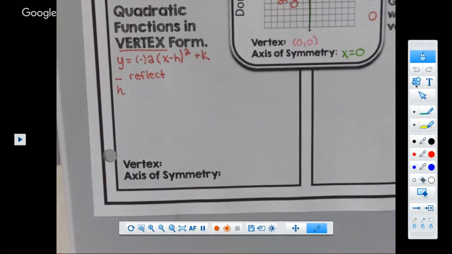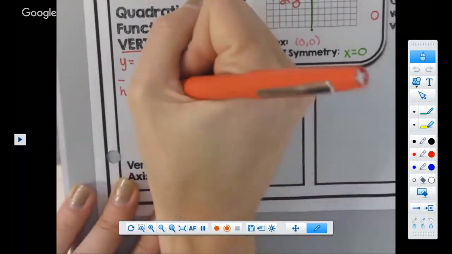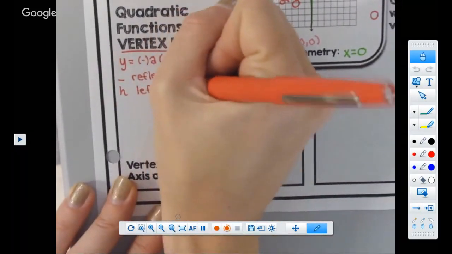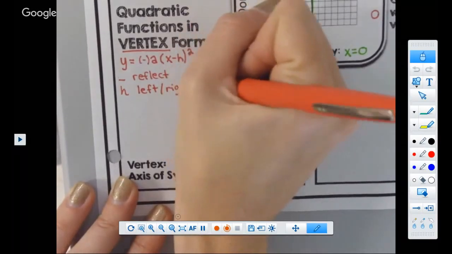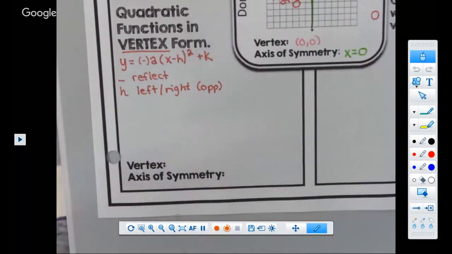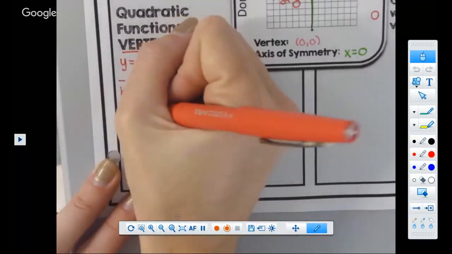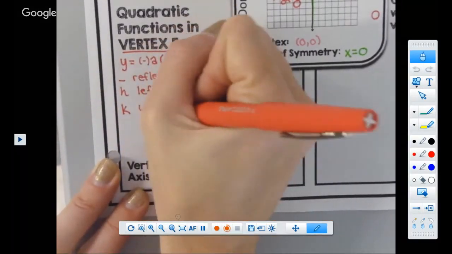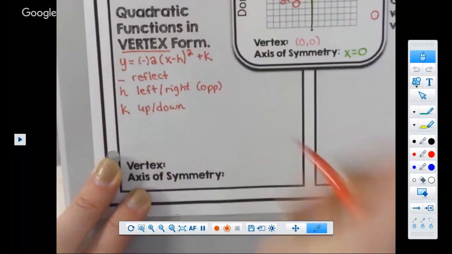Up and down or left and right? It goes opposite. Left or right, depending on what's in there. So I'm going to say h is going to move left or right. It's going to be the opposite of what you think it should be. So all that's still the same. If h goes left or right, then k is going to go up or down.